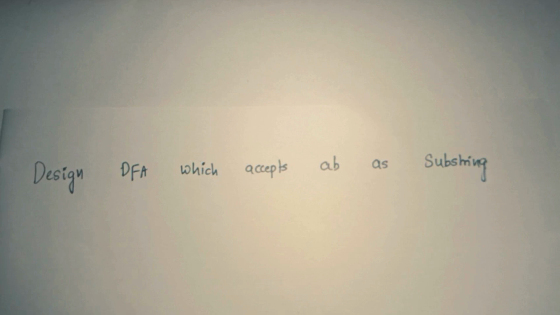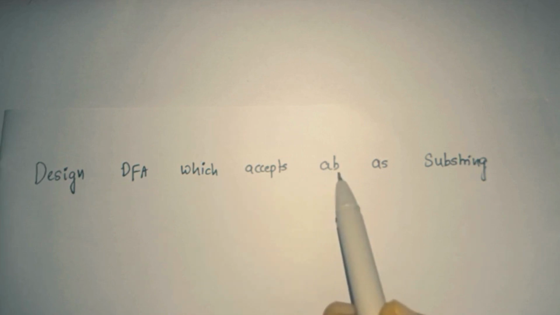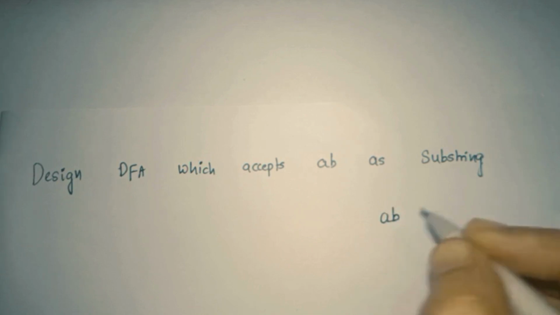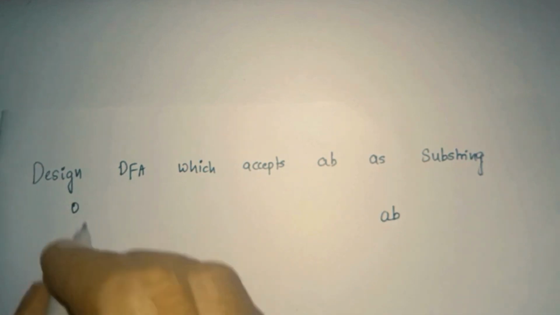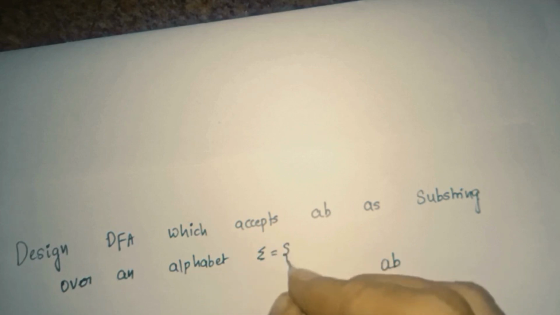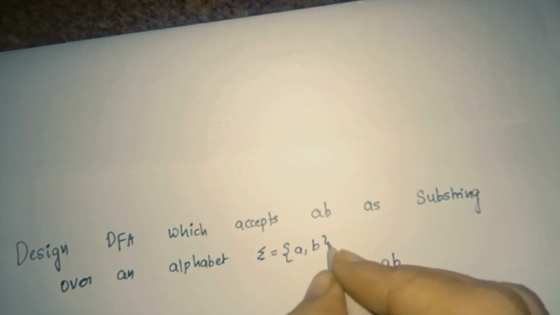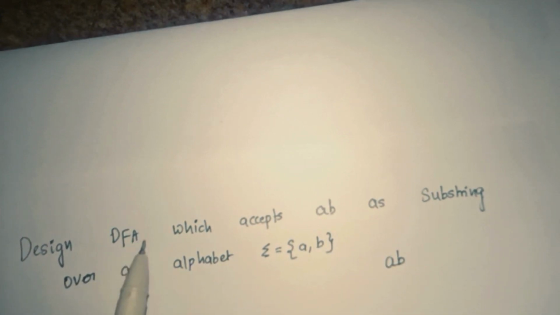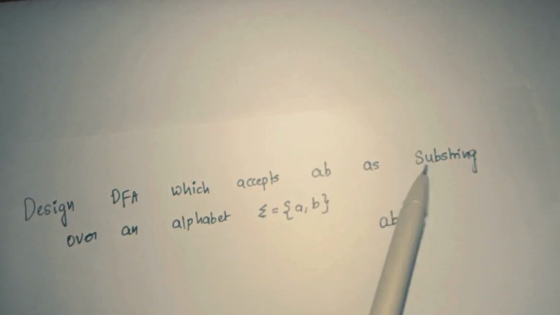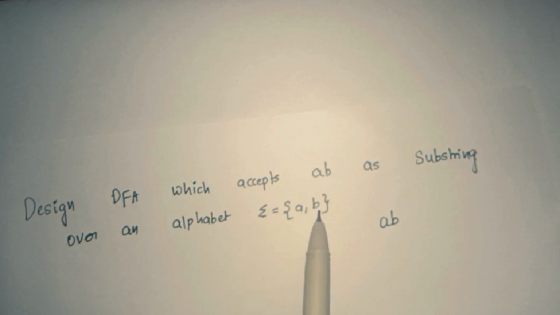So the question says we have to design a deterministic finite automata which accepts AB as a substring over an alphabet sigma equals a comma b.